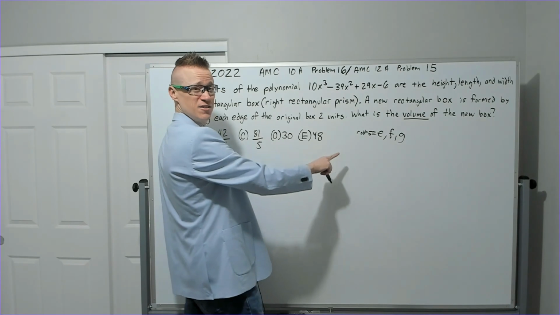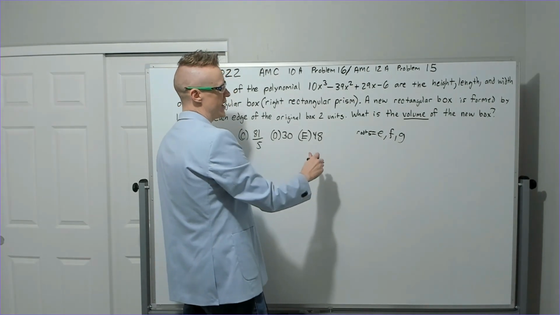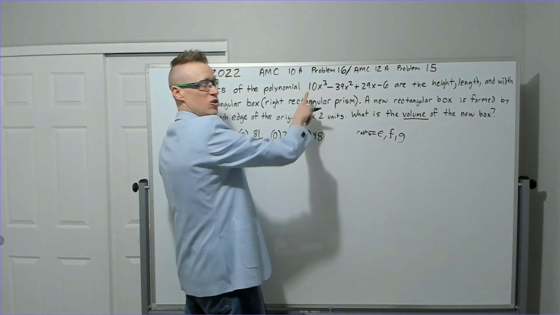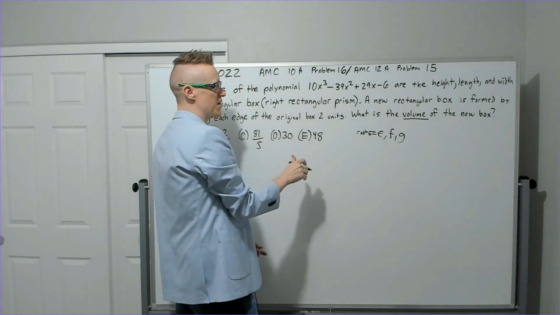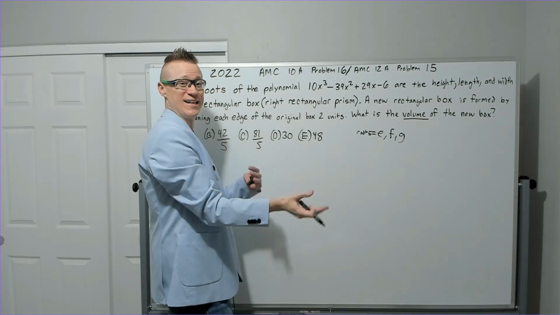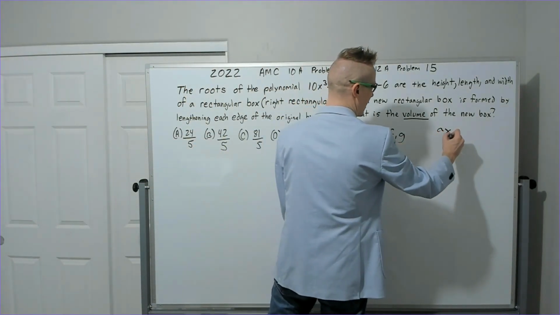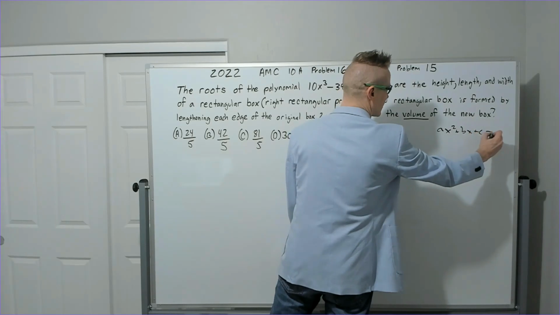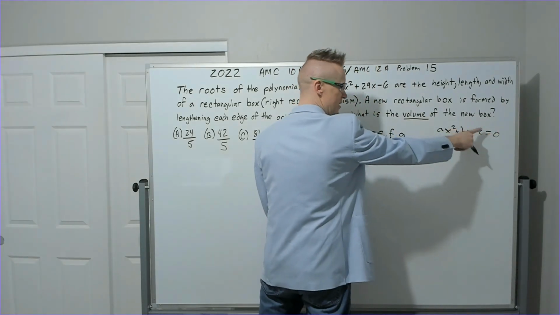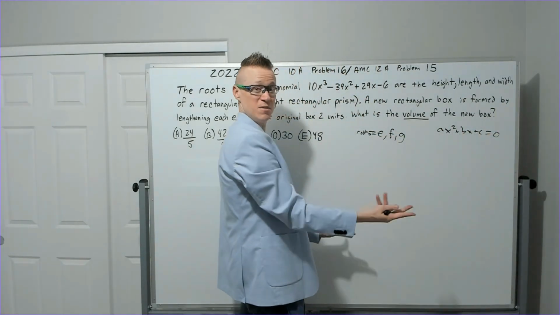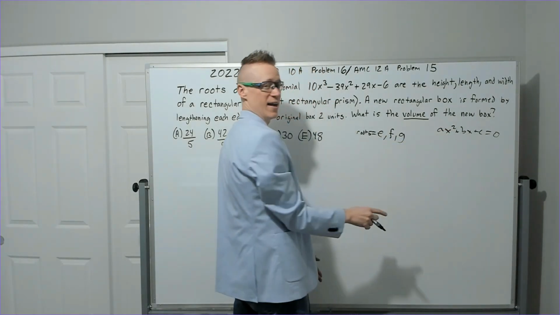So the product of those roots is going to be the negative constant over the leading coefficient. That product of roots alternates signs. So when it's a quadratic, for instance, ax squared plus bx plus c, it is positive c over a. And the sum of the roots is negative b over a. Okay?